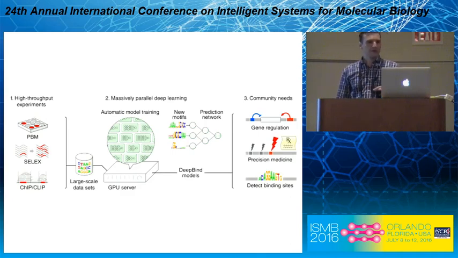What is very nice about DeepBind is that it's not restricted to one particular technology. In fact, you can train DeepBind both on microarray data, which predicts binding affinities directly, as well as in vivo sequencing data, which does not give you a direct measure of the binding affinities, but gives you a pool of high affinity sequences.